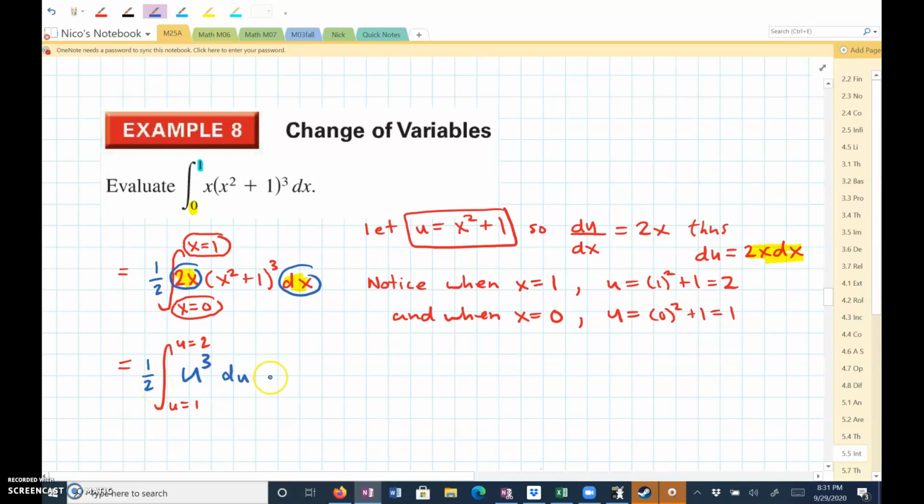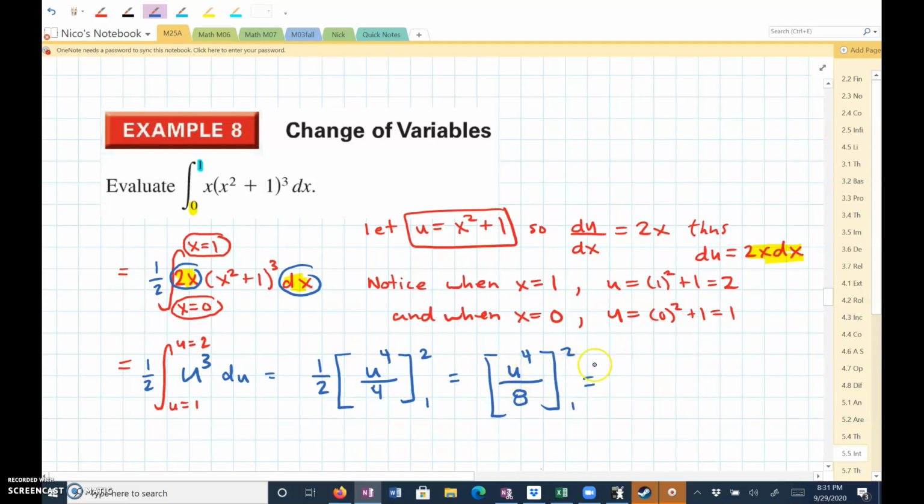So now I have this, and now I can find the antiderivative. So the antiderivative would be u to the 4th divided by 4. And we're going to evaluate this from 1 to 2. This would be u to the 4th over 8 from 1 to 2.